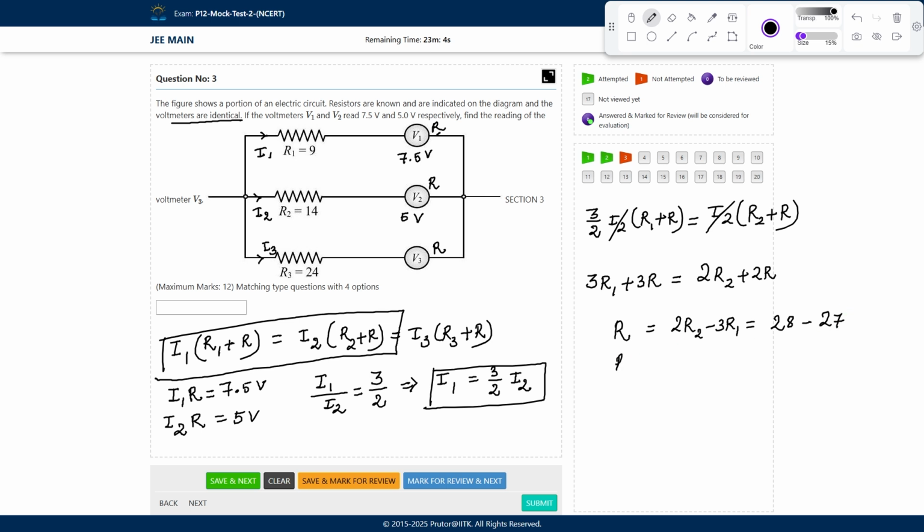Equal to 1. So R, the resistance of all the voltmeters, is given as 1 ohm. Got it? We have found the resistance of all the voltmeters. Okay. Now apply this formula.